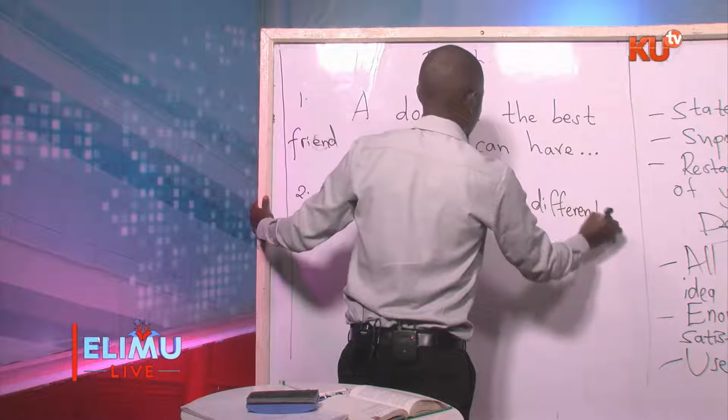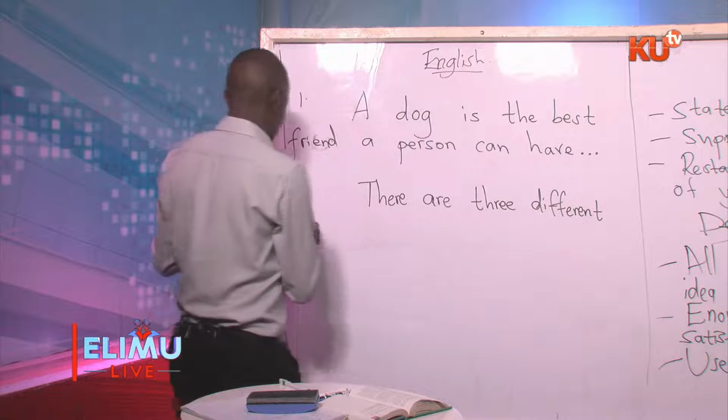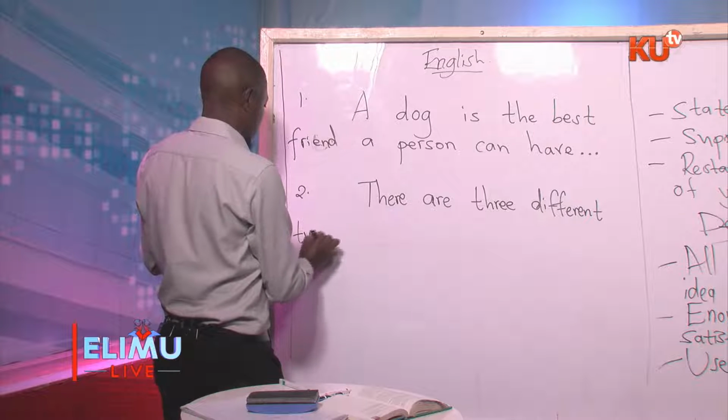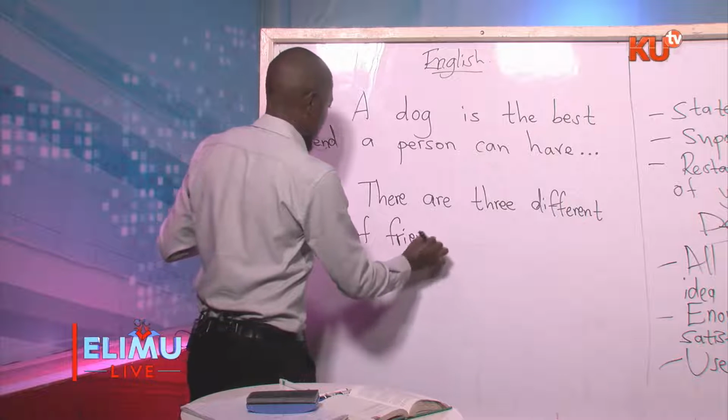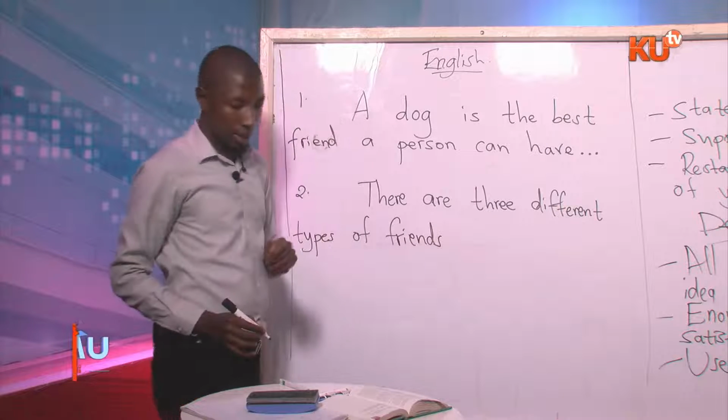And it is: there are three different kinds of friends. So we indent.